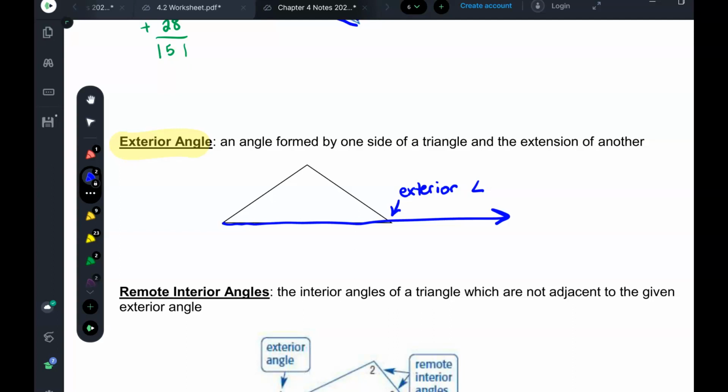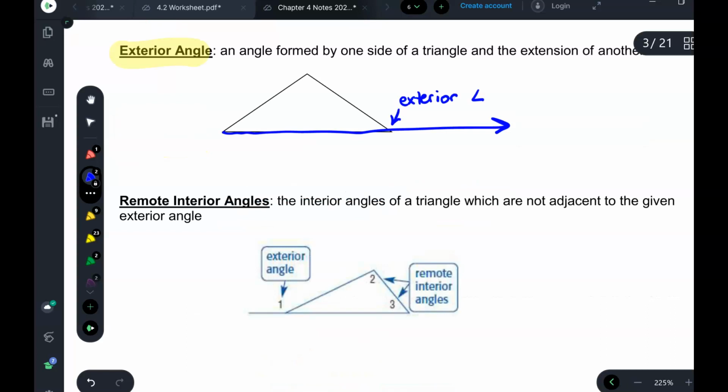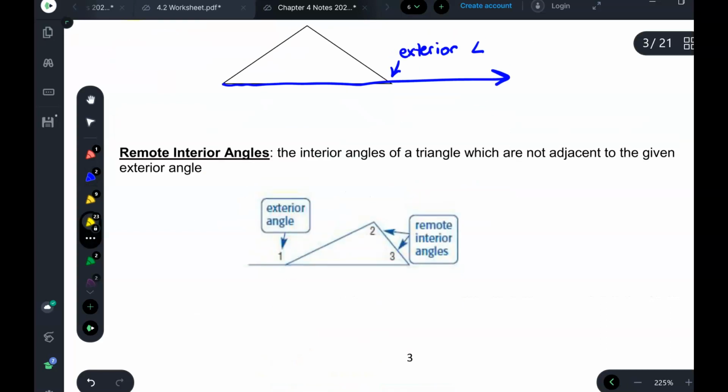For each pair of interior angles, we have an exterior angle. We're going to call these remote interior angles in a minute. What do we know about these 2 angles? They make a linear pair.